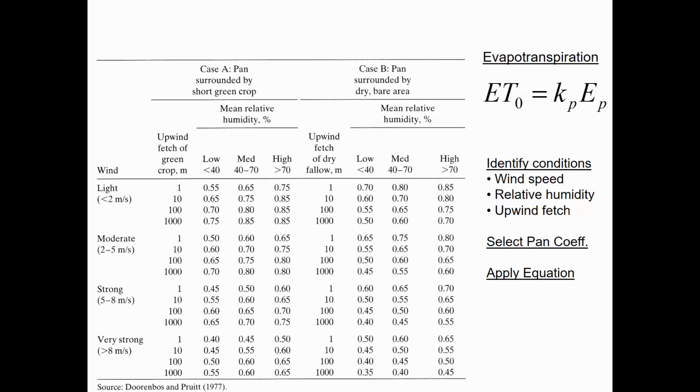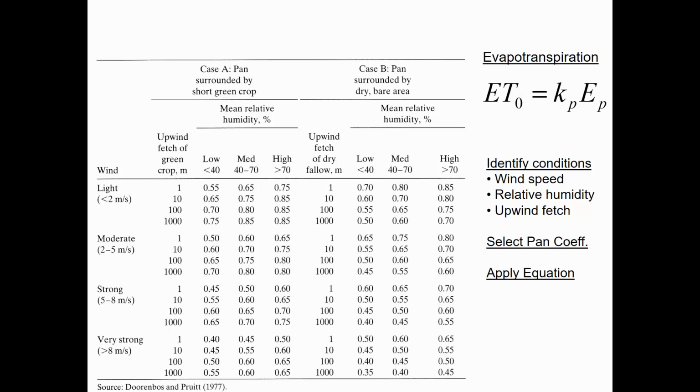And that's a pretty unusual trend that we're observing there, that the evaporation is going to be lower, but it actually has to relate to the relationship between the pan and the plants. The pan itself would have a lot more evaporation in heavy winds. It's just that the plants aren't going to lose as much water as the pan itself would.